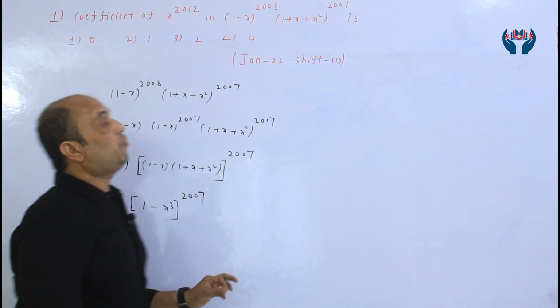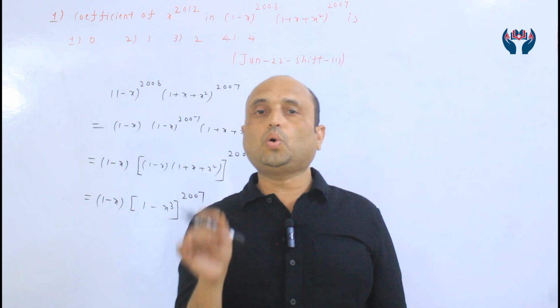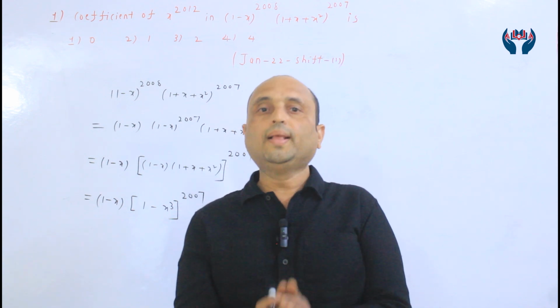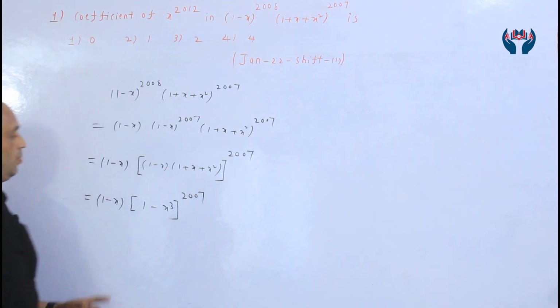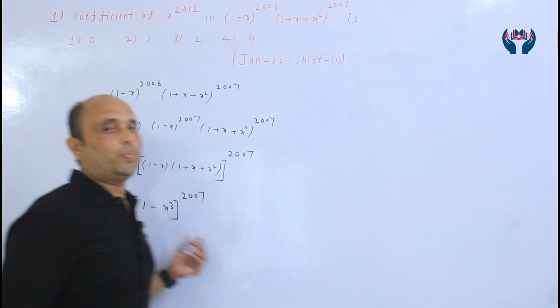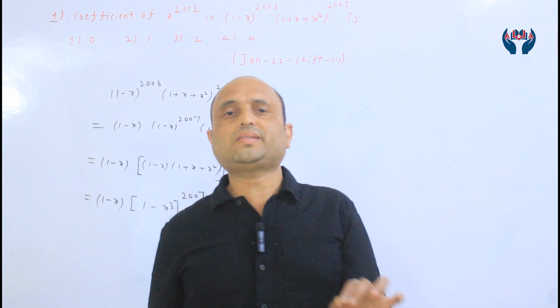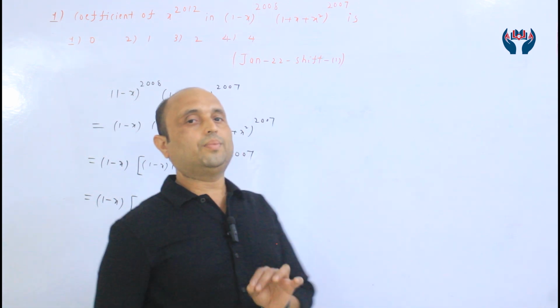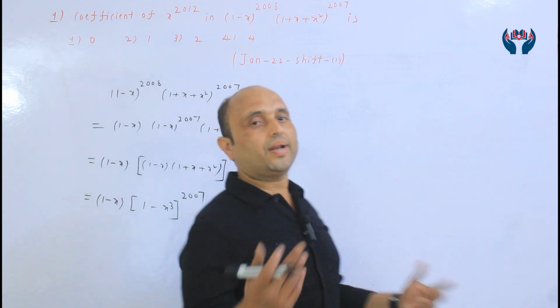Now here we want to find the coefficient of x to the power of 2012. So just write down the general term of 1 minus x cube whole to the power of 2007. This question is completely based on the general term T r plus 1 in x plus a whole power n.